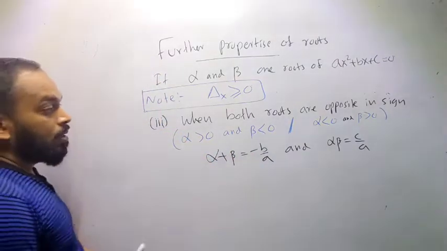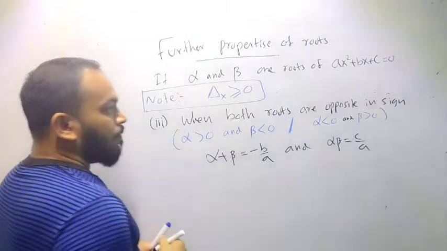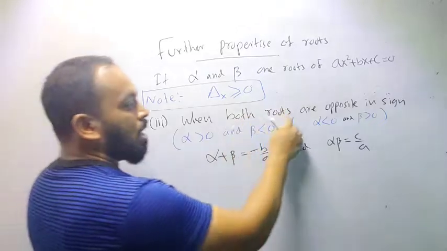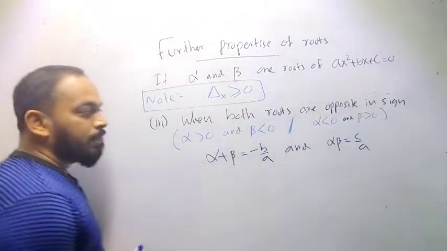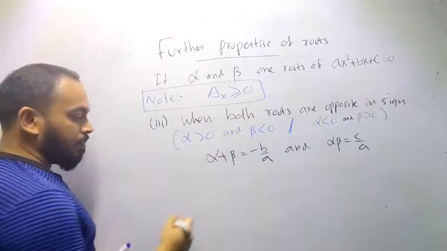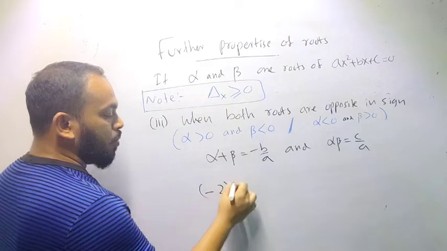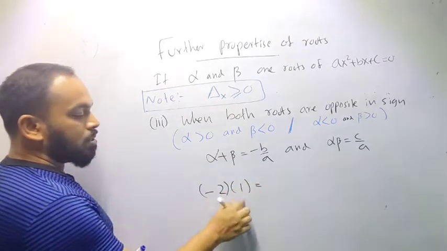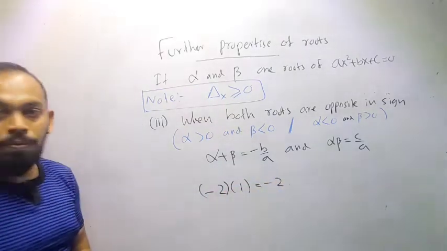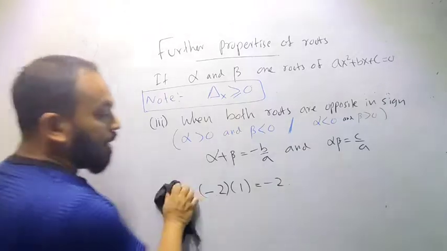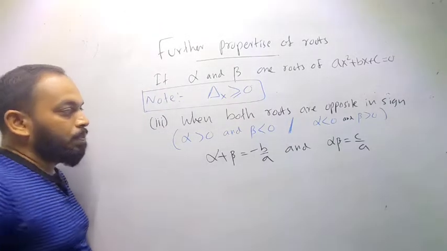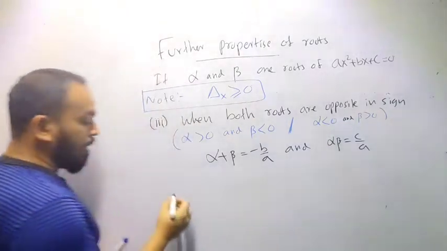So what happens if our roots are of opposite signs? What happens to our product? Suppose the roots are negative 2 and positive 1, then definitely the product is negative 2. If the signs are opposite, we know that the product would be definitely negative.